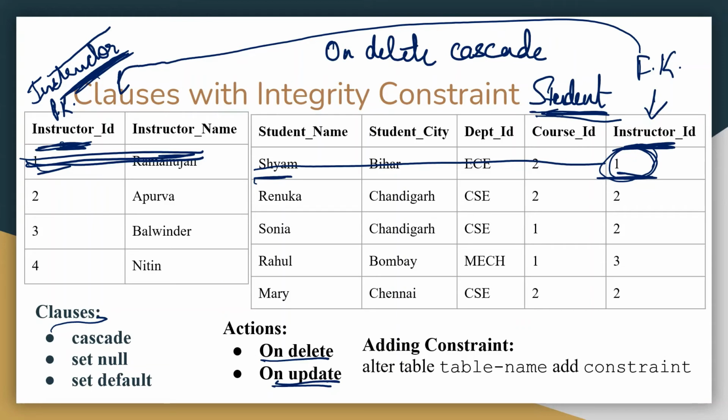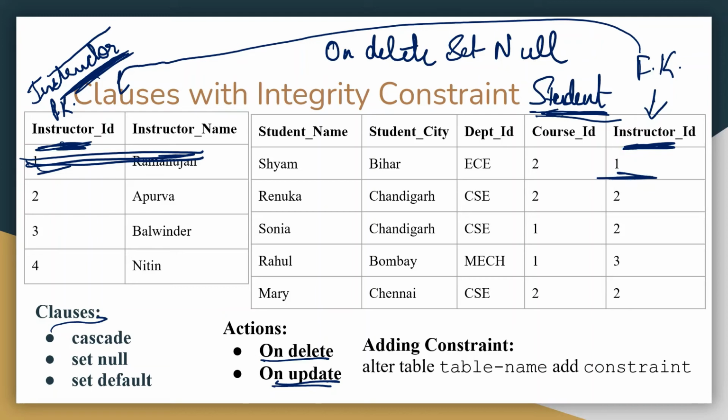Okay, so what are the different alternatives then? We can have on delete set null. Now what does this say? This says that if this instructor ID 1 is removed from the instructor table, I do not need to remove the entire record from the student table, I can just set the instructor ID as null in this case.